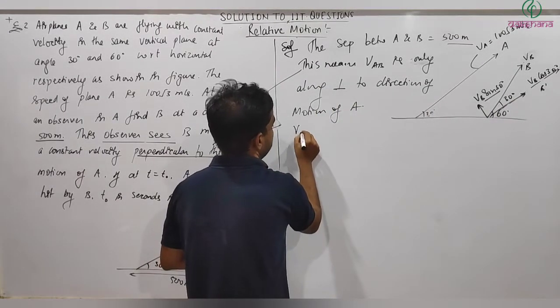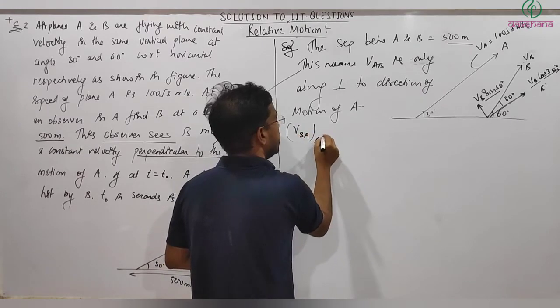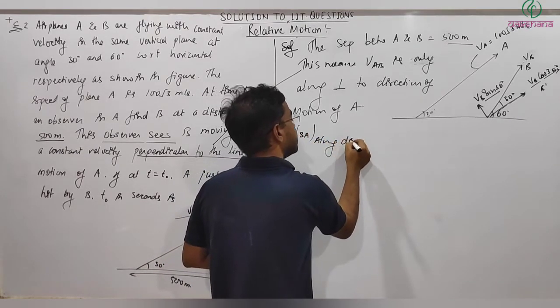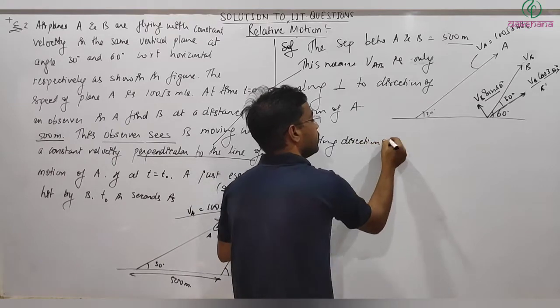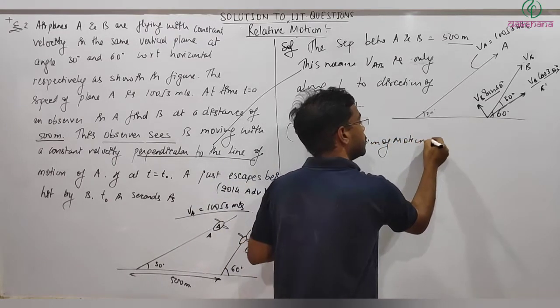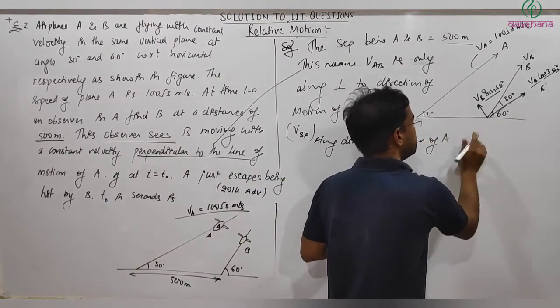So VBA along the direction of motion of A must be 0.